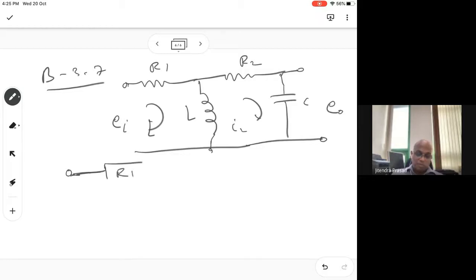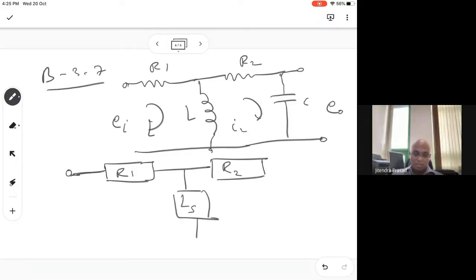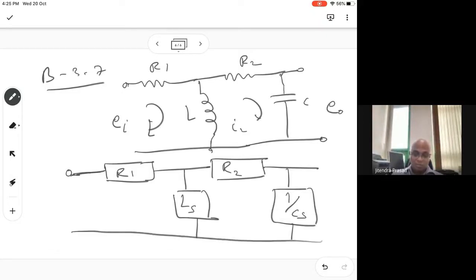This is R1 impedance here, and R2 impedance here, and here you have L times S, which is the impedance, and here 1 over CS is the impedance. We are taking the Laplace transform for all the resistors, capacitors, and inductors.